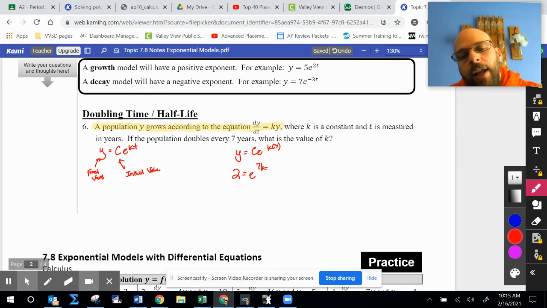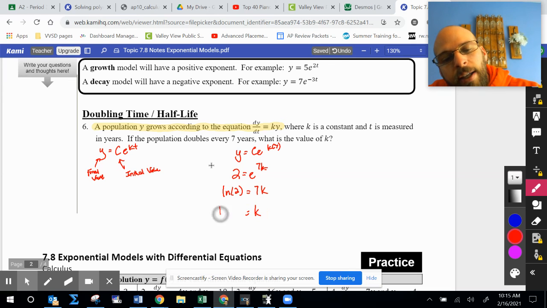Now, if you were doing half-life, then it would be 1/2 equals e to the 7k, right? If you were tripling, it would be 3 equals e to the 7k. But then we can just solve it, right? So I get the ln of 2 equals 7k, divided by 7, and I get my k value to be the ln of 2 over 7.